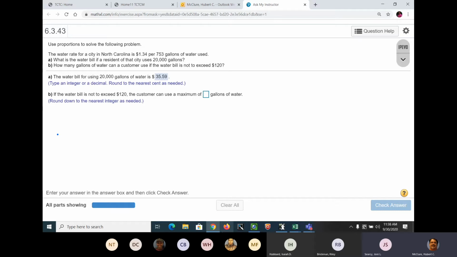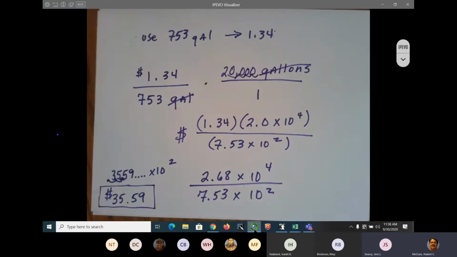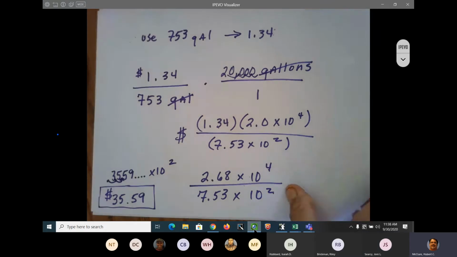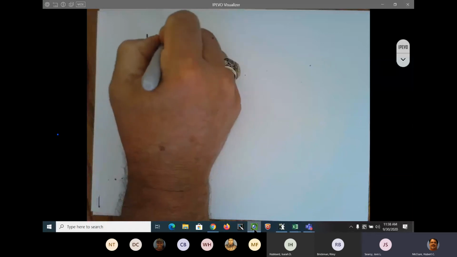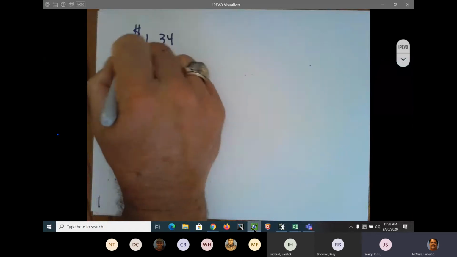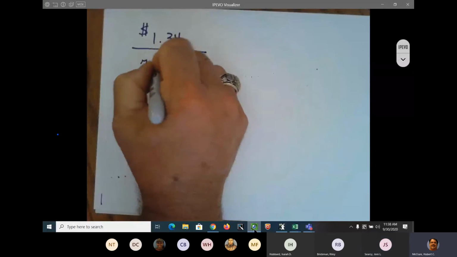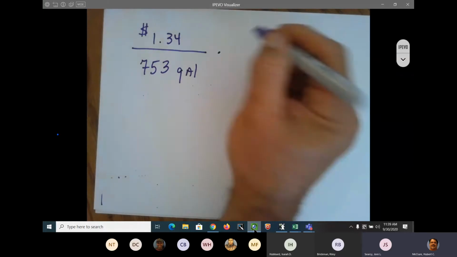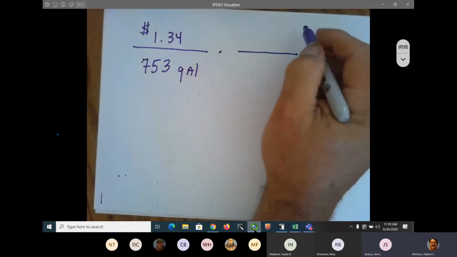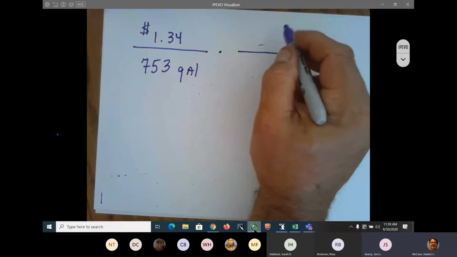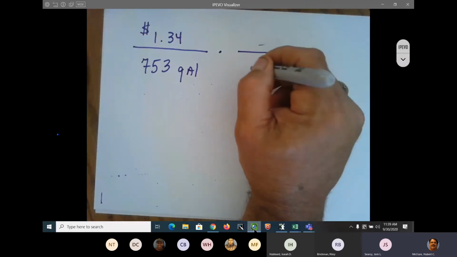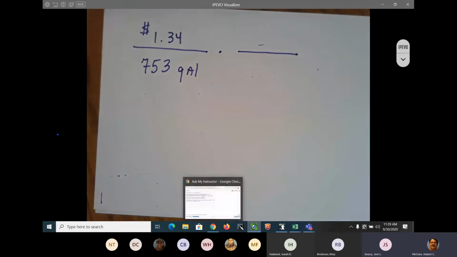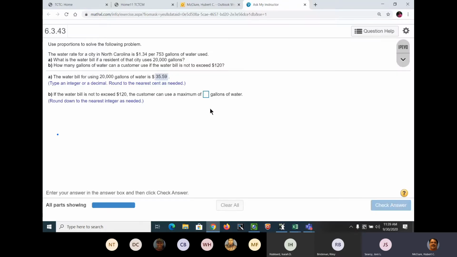I wonder if that would work. $1.34 over 753 gallons multiplied by blank gallons. $120 is the maximum we can spend.